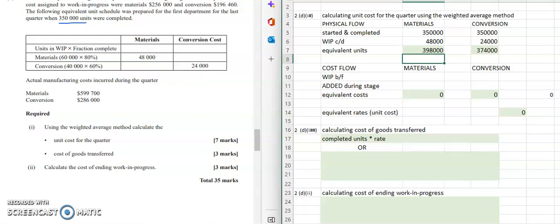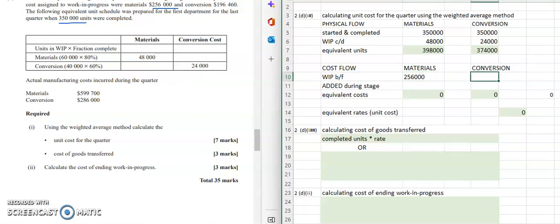So now we want the cost flow, which is obviously, so under weighted average, there's no separation between the work that we are bringing forward and the current work. So we just treat everything as if it's currently happening now. So we're going to add the two numbers together. So it says we brought forward the material cost was 256,000. So let's put that in.